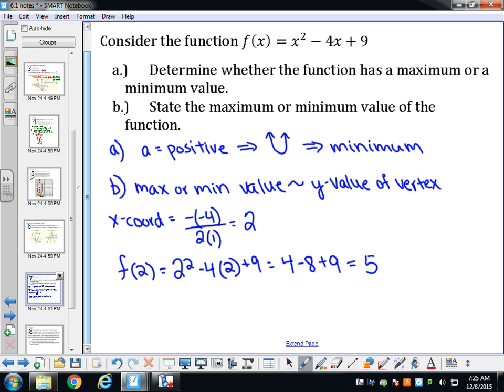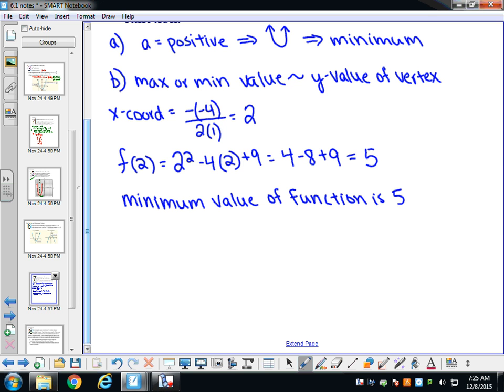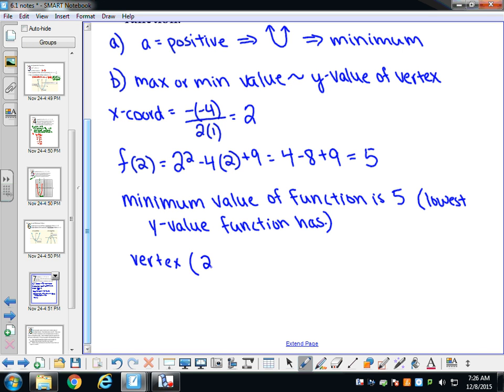So therefore, the minimum value of the function is 5. What that means is this is the lowest y value that my function has. From this, I also know that the vertex is the point 2, 5.